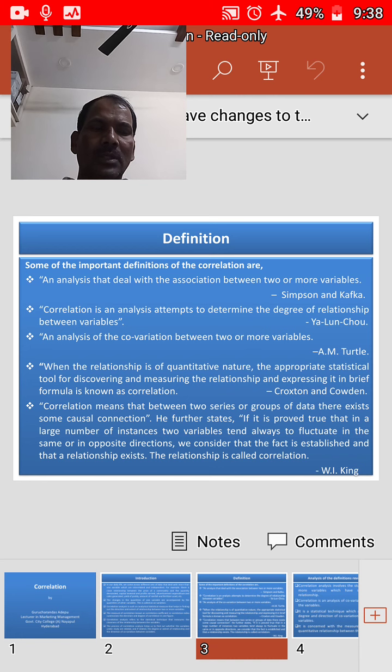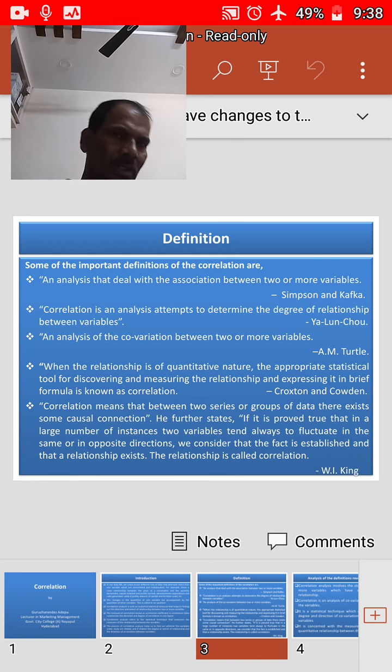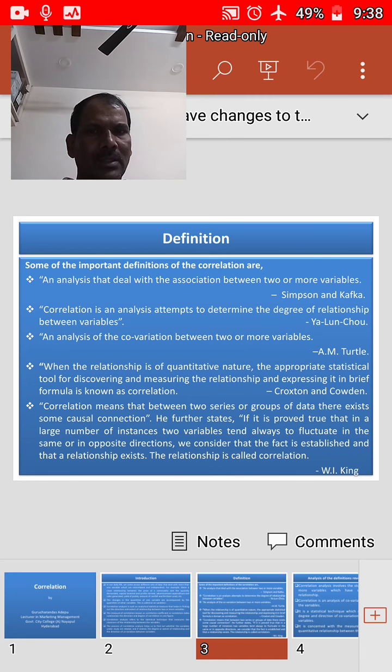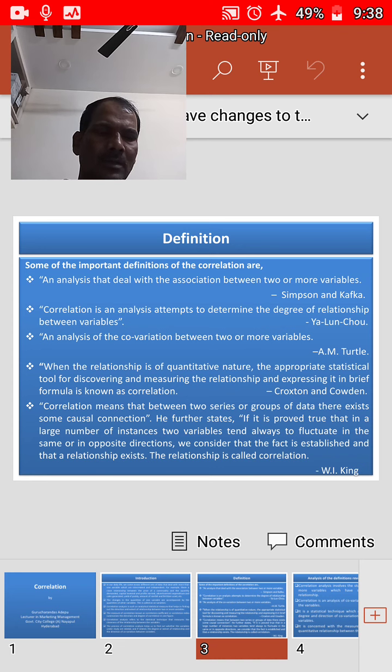He further states that it is proved true that in a large number of instances, two variables tend always to fluctuate in the same or opposite direction. If one increases, the other may increase; if one increases and the other increases, they are moving in the same direction, and we say they are fluctuating in the same direction.